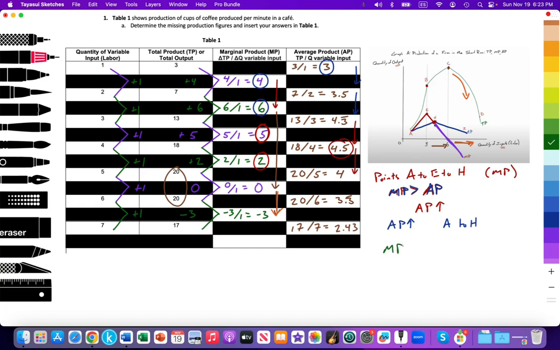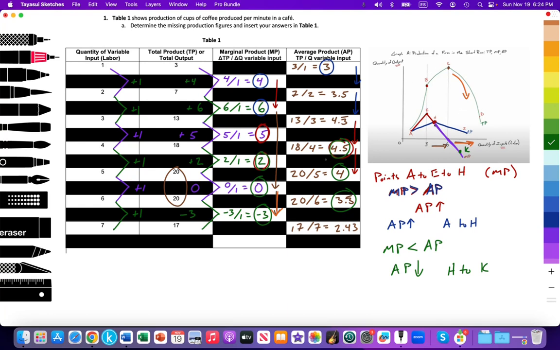So if the marginal product value is less than the average product, then the average product value will fall, which is occurring from points H to, let's say, I'll label this point K, H to K. So again, marginal product of 2 is less than the average, so it pulls the average down. 0 is less than the average, pulls the average down. -3 pulls the average down and onward. Okay, so we should be able to read that data and understand what's happening with that data and how that data aligns with this model.